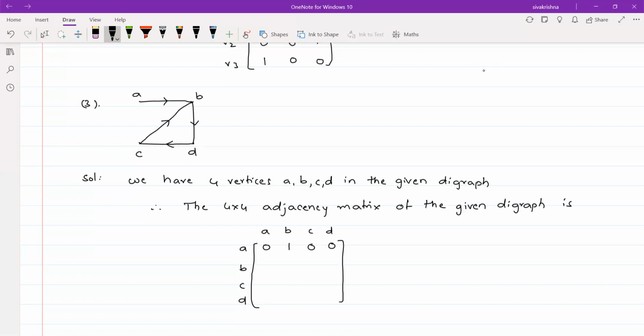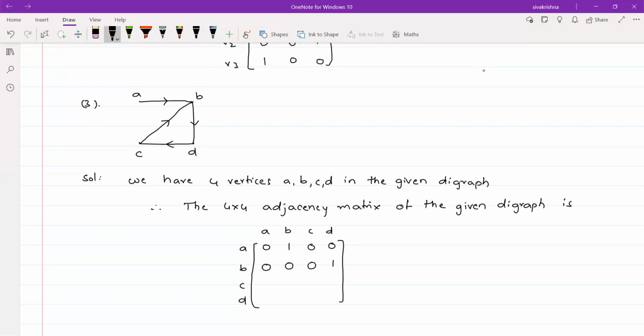Coming to the second row, from B to A, we are not having an edge, so that we have to write 0. Okay, from B to B also we are not having any edge, so 0. From B to C also we are not having, so 0. From B to D we are having, so that we have to write 1. So we have to observe the directions, so that we can write the elements in the corresponding matrix.